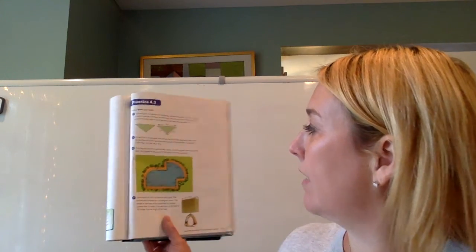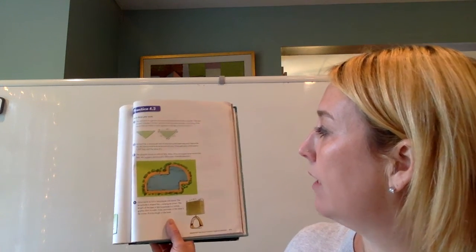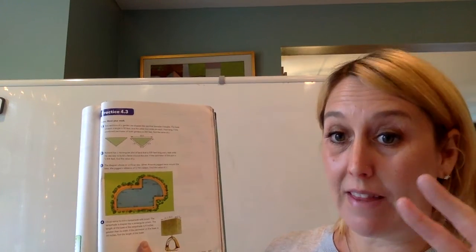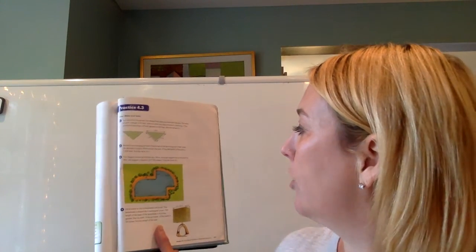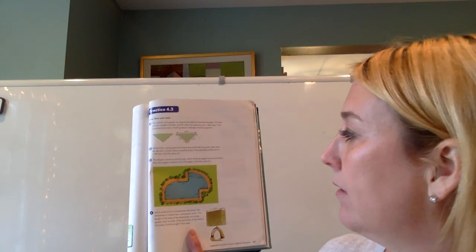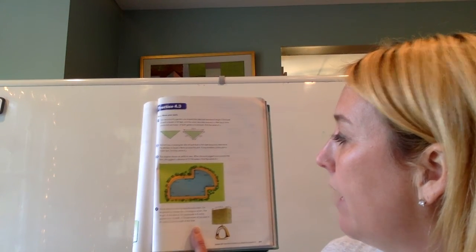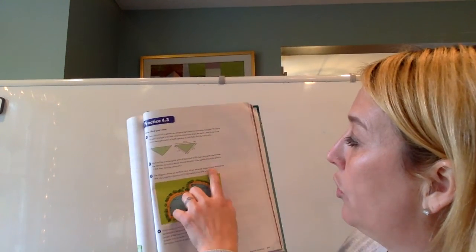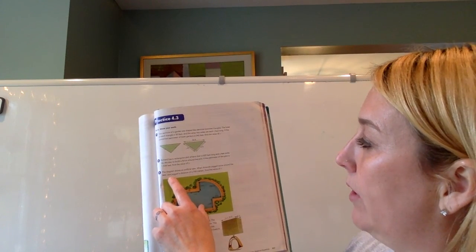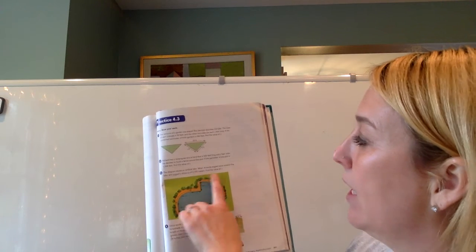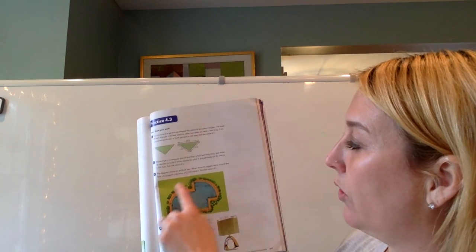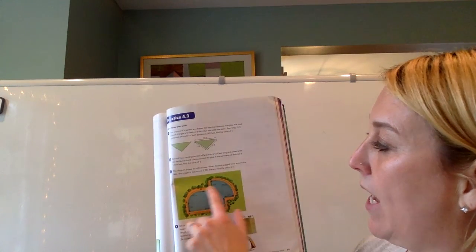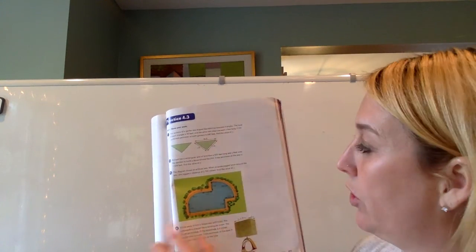Number 3 says the diagram shows an artificial lake. Amanda jogged twice around the lake, and that twice is key, she jogged a distance of 2,700 meters. Find the value of x. So again, she jogged twice around, it was 2,700. All of these are going to add up to being the perimeter of what she jogged.